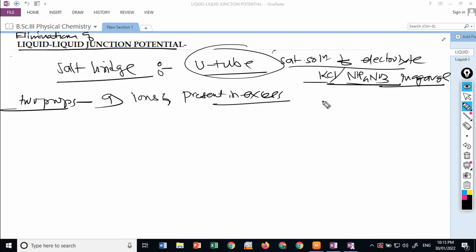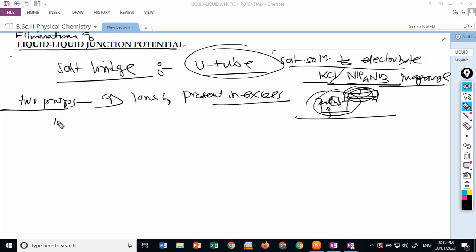So suppose this is compartment 1, here it is the electrode, and the electrolytic solution is, suppose, zinc sulfate, and we are using the salt bridge like this. Whatever ions are present in the salt bridge are in excess over the ions present in the electrode compartment, so that they carry almost all the current across the boundary. So this is the first property.